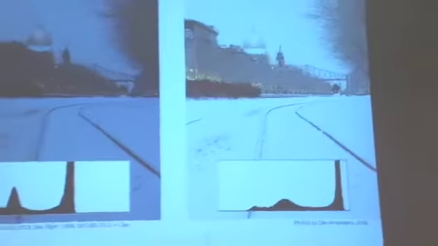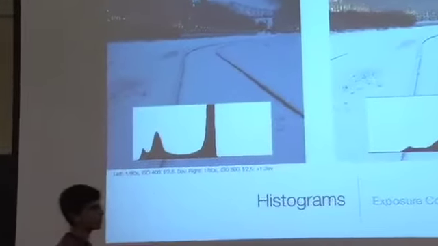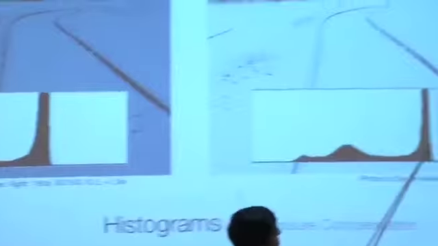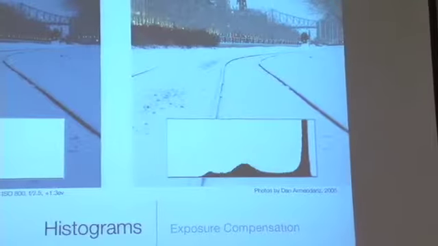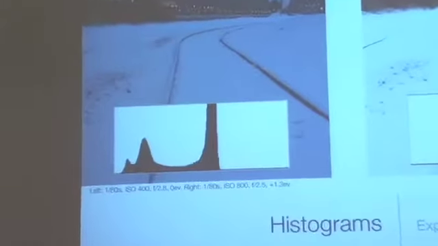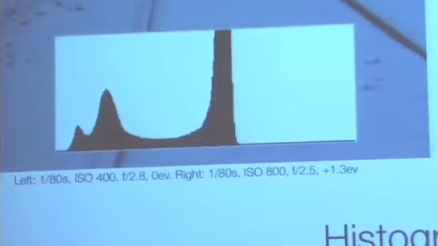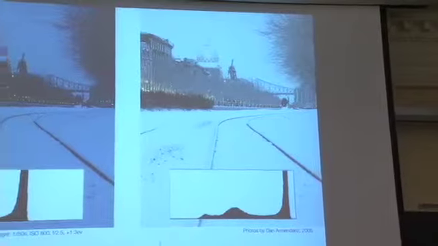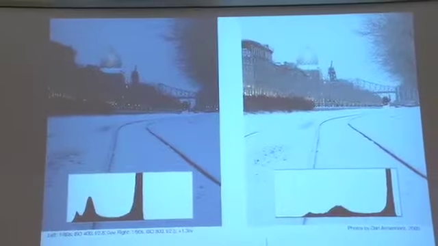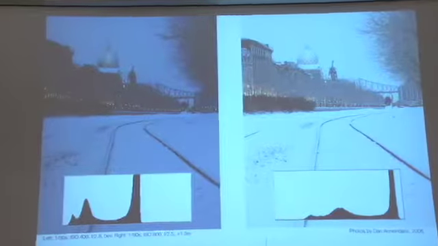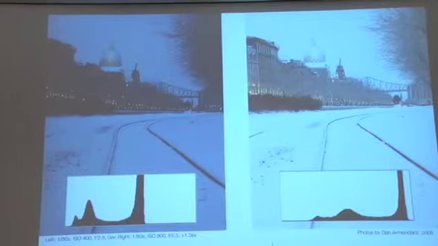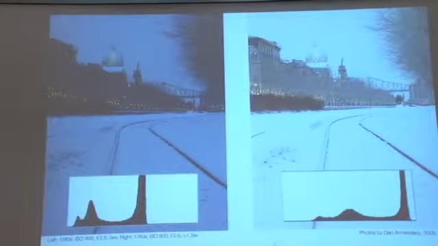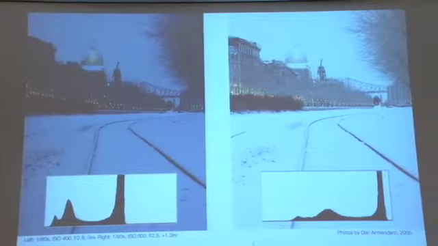Especially with snow, you want a histogram that leans primarily to the right end of the spectrum, because you want a lot of that white snow visible in it. You don't want to go too far. If you go too far, you'll overexpose some of these pixels, but there's a little bit of a gap here, which shows you that you will have some values that exist within these white regions in the snow, and you'll be able to see all of this information a little bit more clearly.